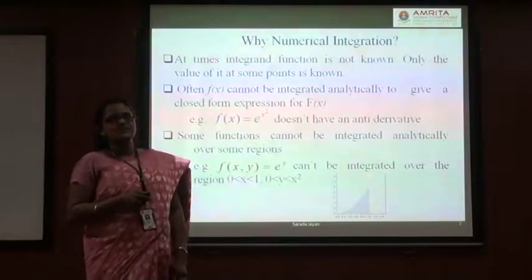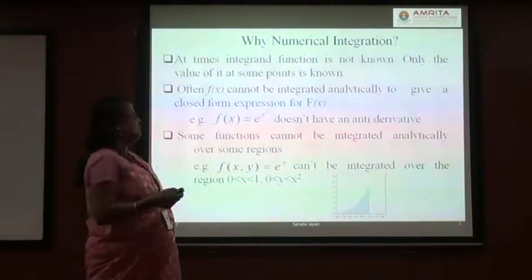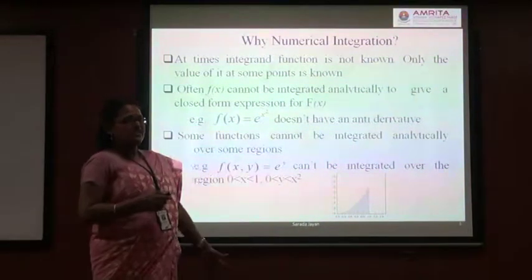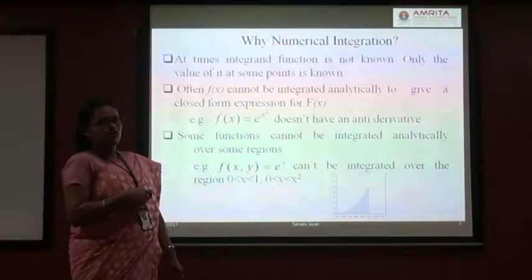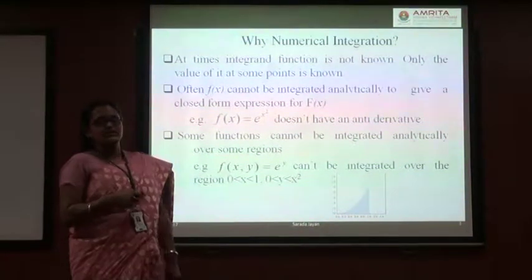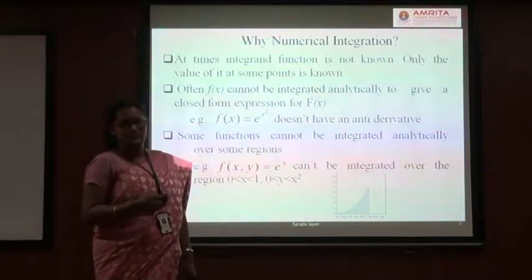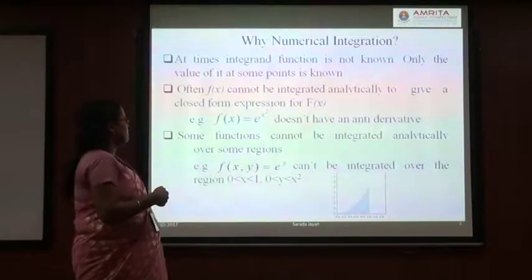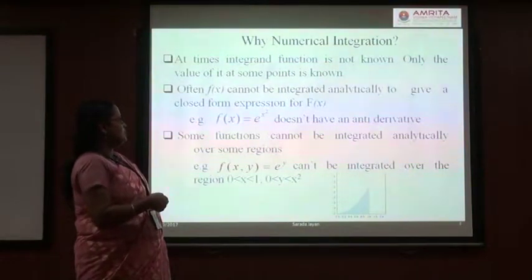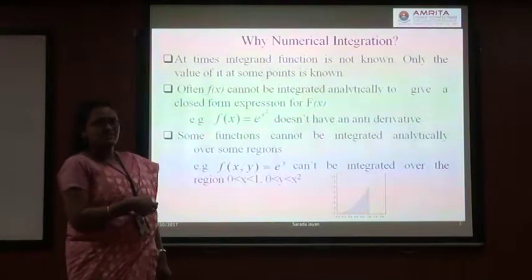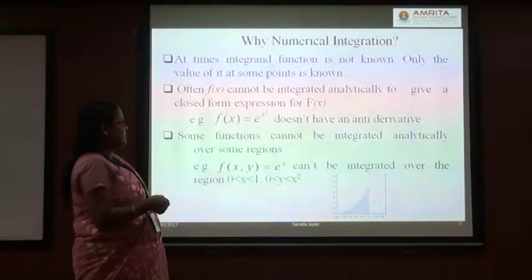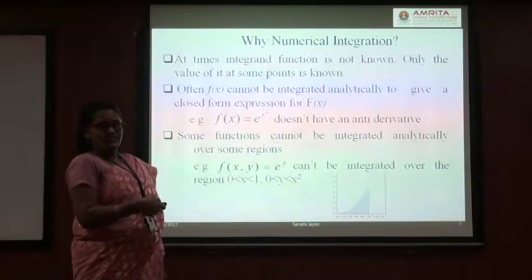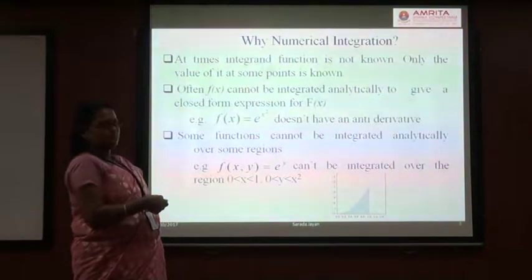So initially I will start with why we actually need numerical integration. There are many times where the integrand is not known to us, and only the values at some points are given, like the data is given to us. In such a case, integration is not possible directly. Many a time the function does not have an antiderivative. For example, e to the x squared is a function which doesn't have an antiderivative with respect to x.